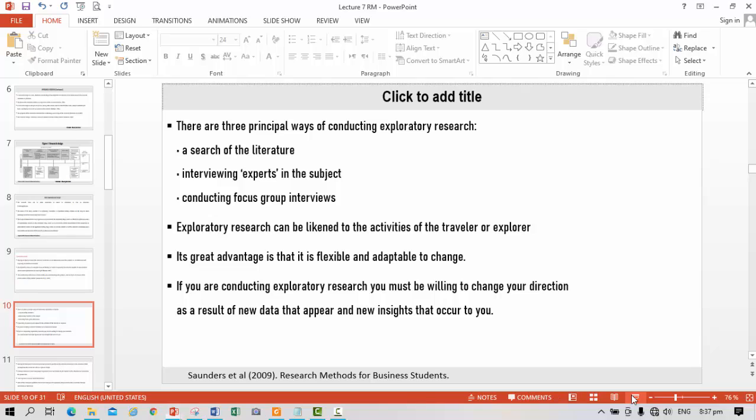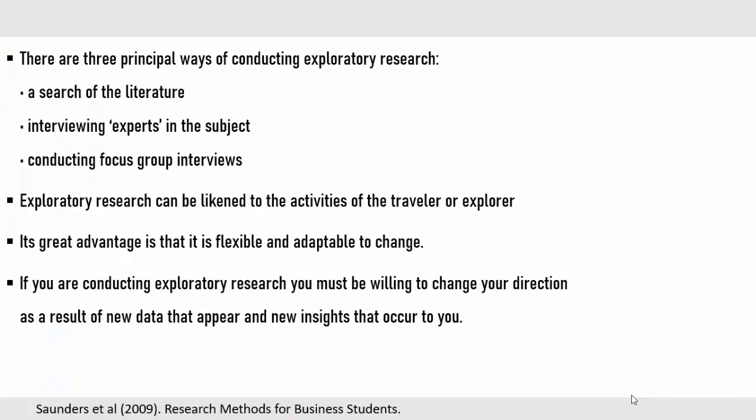There are three principles of conducting exploratory research: a search of the literature, interviewing experts in the subject, and conducting focus group interviews. These three principles are usually used for exploratory research.